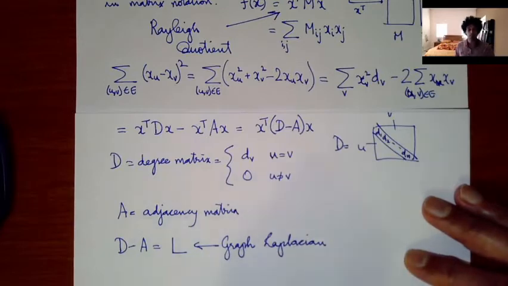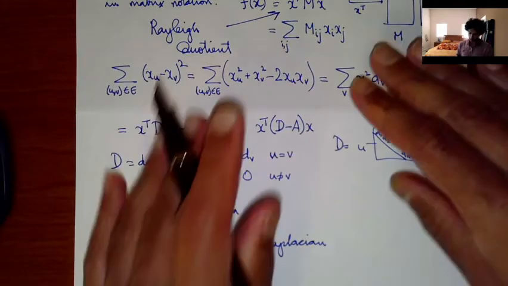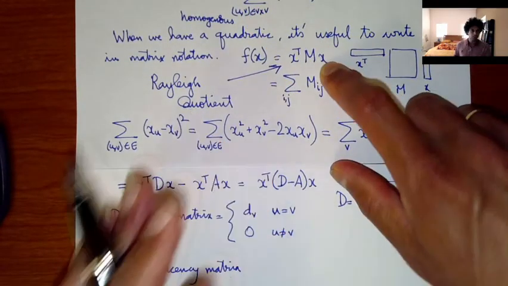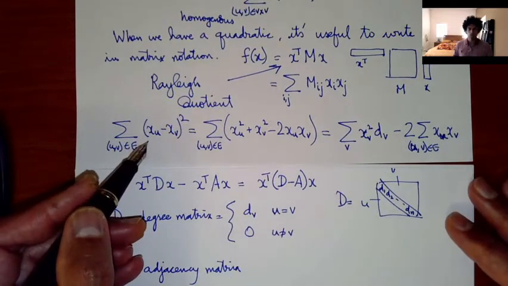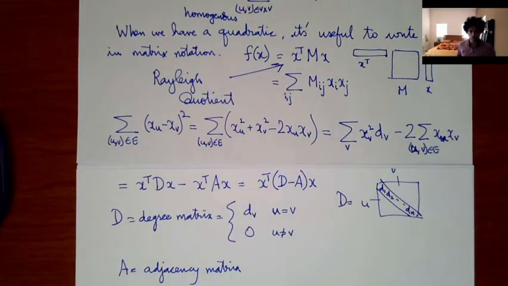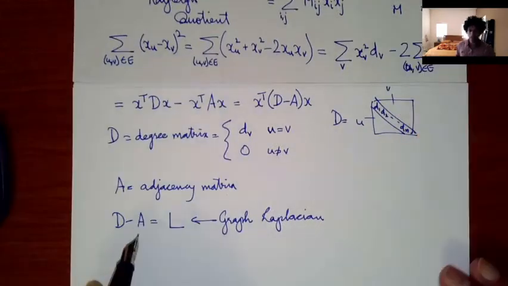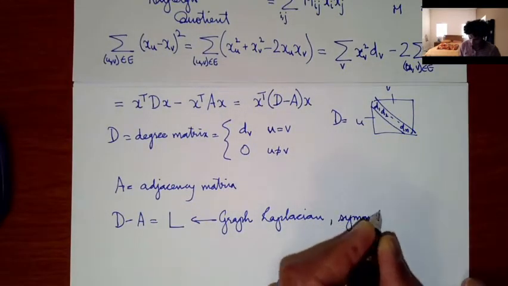Why is it the Laplacian? It's actually this quadratic form. I said that whenever you have a homogeneous quadratic, you can always write it as x transpose Mx, and M can be taken symmetric. So the graph Laplacian is a symmetric matrix.